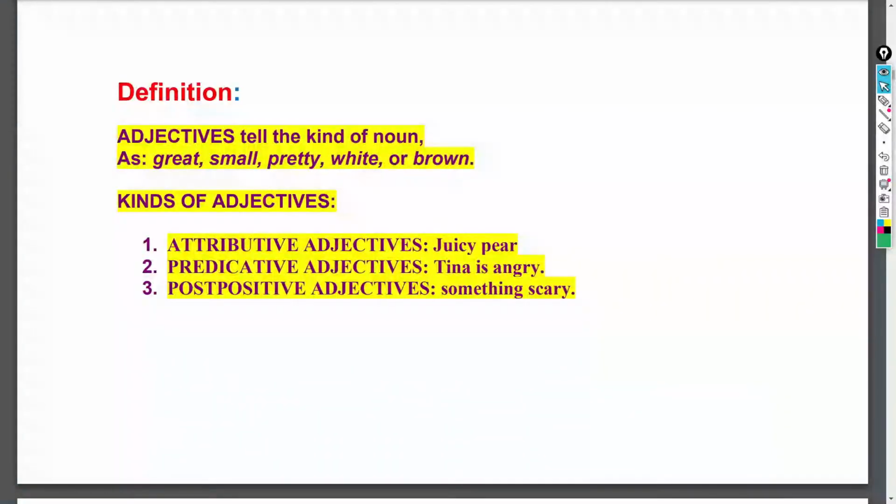So now, my dear children, let us come back to the definition once again. Then our understanding of the same will be very clear. So here you see the definition of adjective. Adjective tells the kind of the noun. देखिए कितना सुंदर है ना. Adjective tells the kind of the noun, means the adjective defines the noun, है ना.